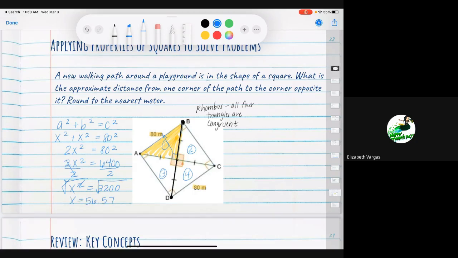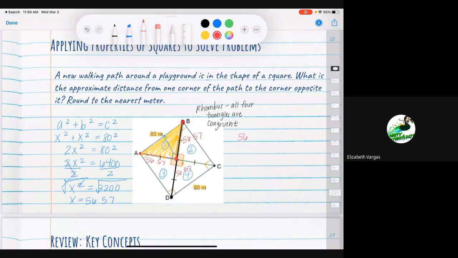So that's basically telling us that the distance from here to here is 56.57. Okay? Also here from here to here. That's the information we just got. But what we're looking for is the distance from B to D. Well, because all of these are congruent, then this would also be equal to 56.57.